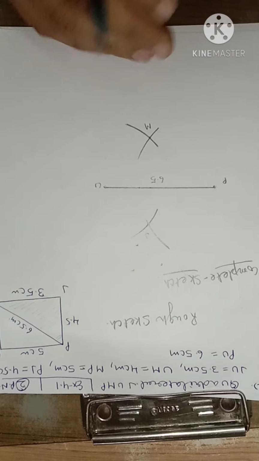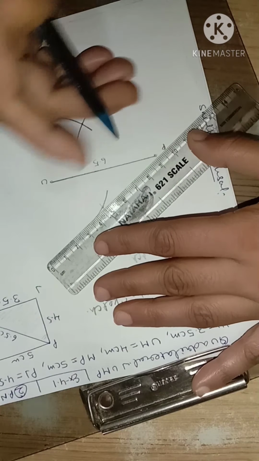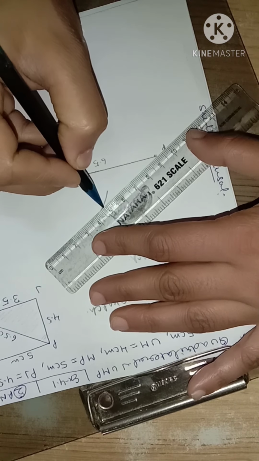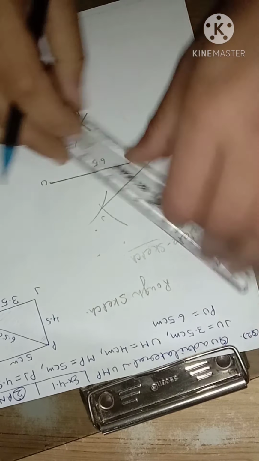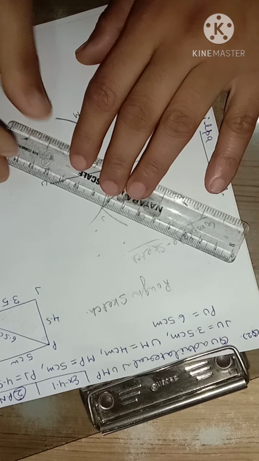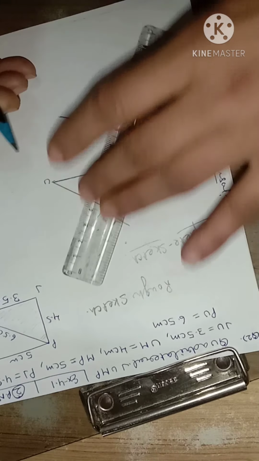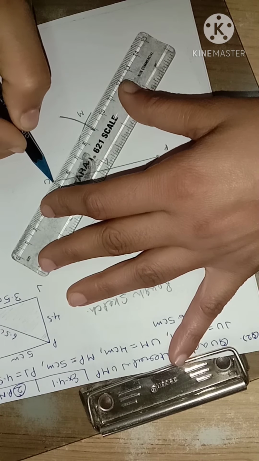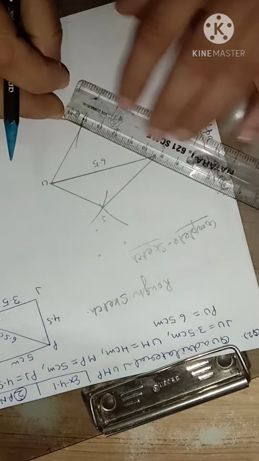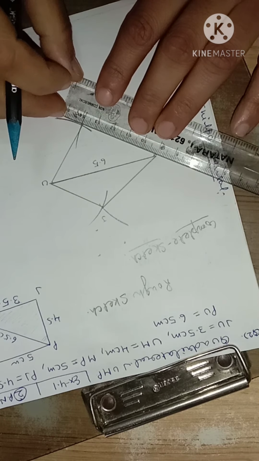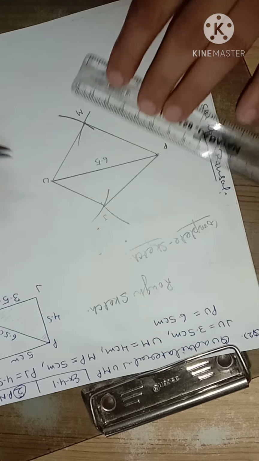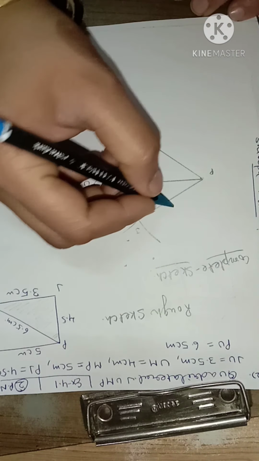After that, join P, J and J, U. Then U, M. After that, P, M. Here label it.